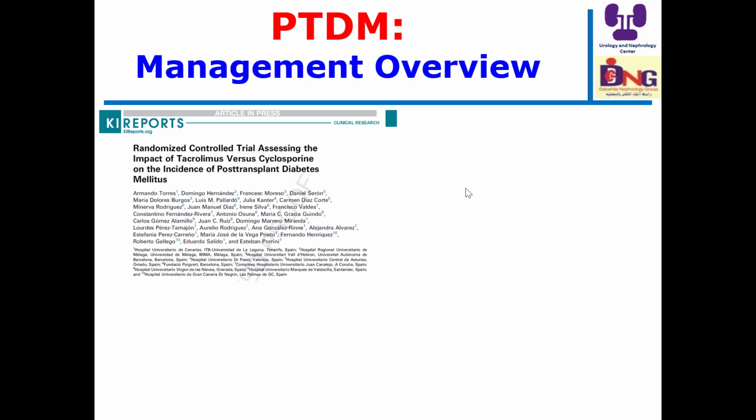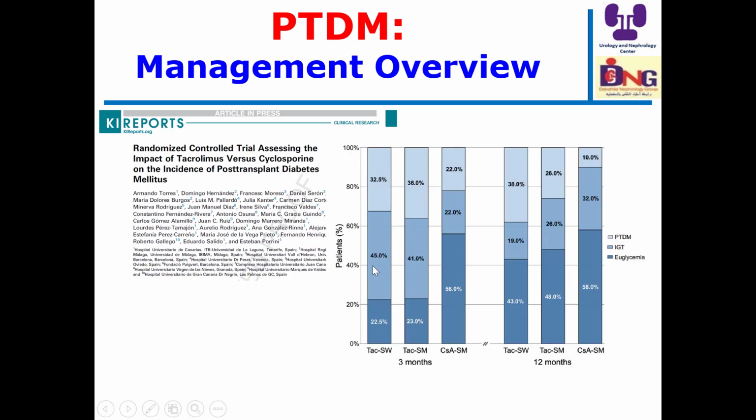And this is another study, randomized controlled trials, assessing the impact of tacrolimus versus cyclosporin on the incidence of post-transplant diabetes. If we look here, we have 3 groups of patients, 3 lines of treatment, and the patients were followed after 3 months and 12 months. Here we have tacrolimus and steroid withdrawal, tacrolimus with steroid minimization.